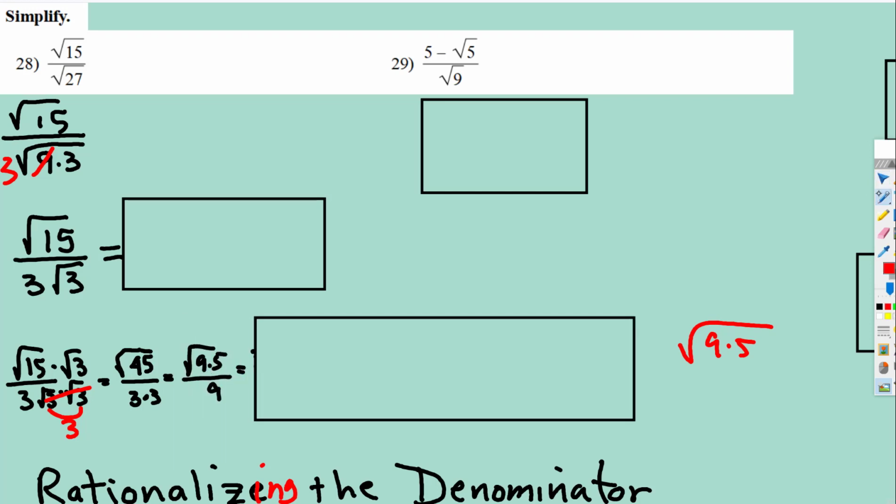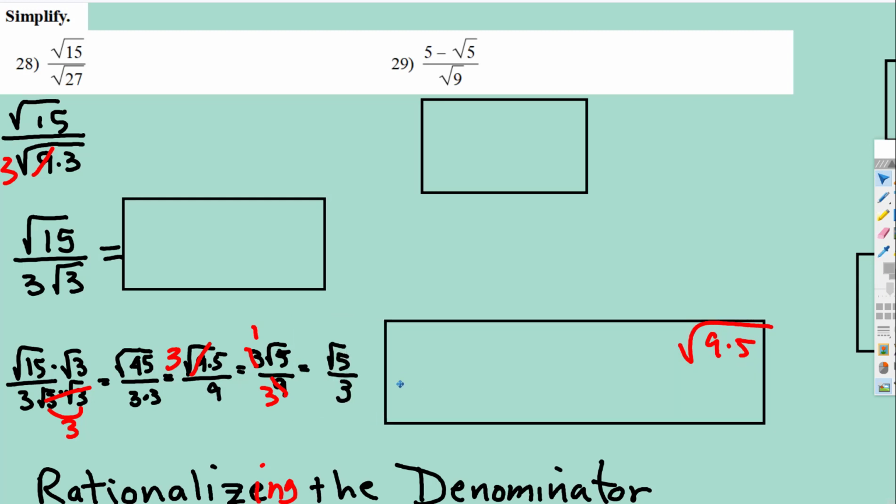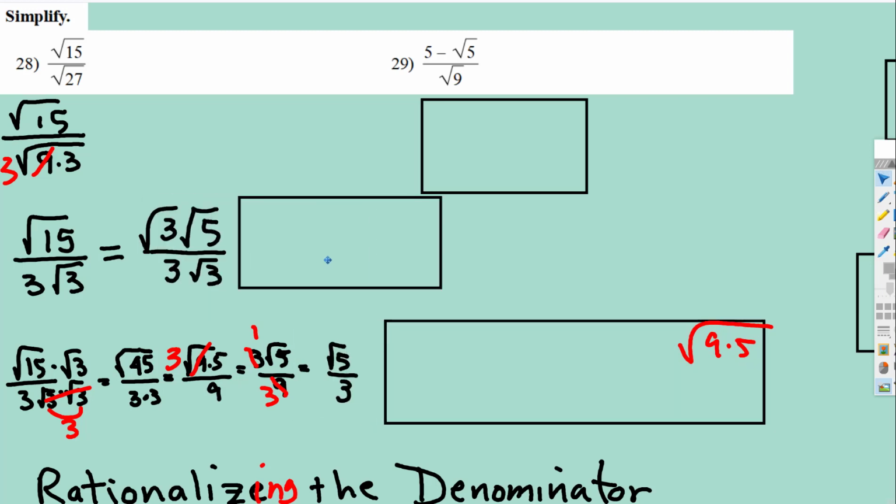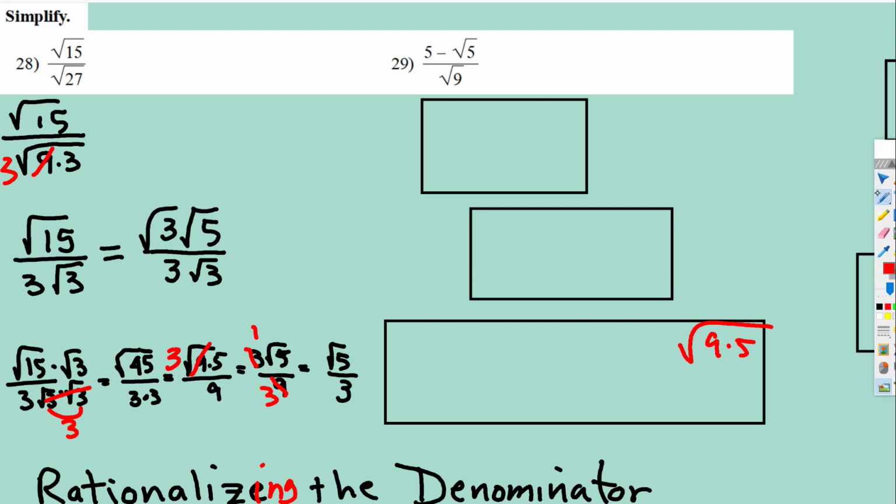And then the square root of 9 is 3. So now what you have is 3 root 5 over 9, and then 3 and 9, they both have a 3 in common. This 3 cancels to 1, this 9 cancels to 3. So the final solution is root 5 over 3. That's what we also ended up with right there. A little bit longer route, but it works out the same.